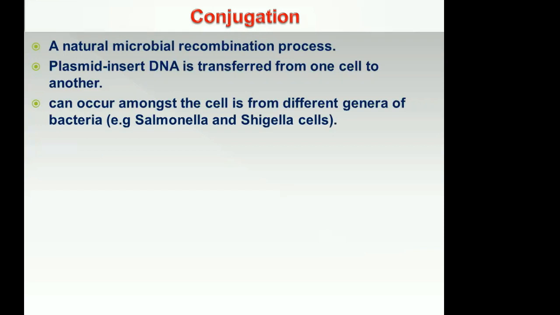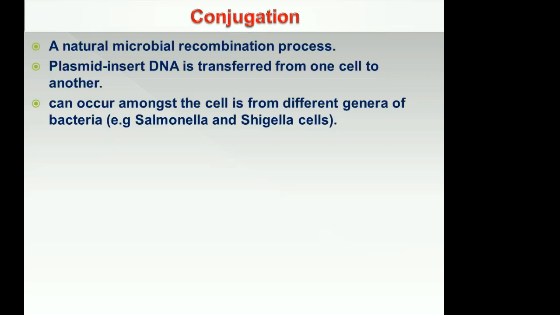Salmonella typhi belongs to one genus and Shigella belongs to another genus, so two different genera can exchange genetic material by conjugation. This is all about conjugation, where the F pilus is involved in transfer of genetic material from one cell to another.